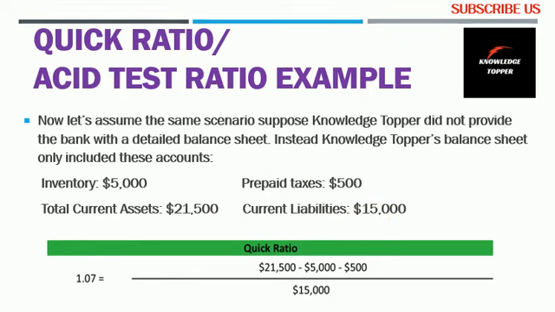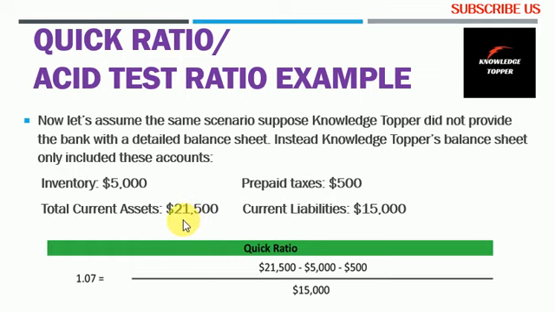Since Knowledge Topper's balance sheet doesn't include the breakdown of quick assets, the bank can compute the quick ratio like this. They just take the value of total current assets, here 21,500, and as I already told you, inventory and prepaid assets like prepaid taxes are not part of the quick ratio, so we will subtract these amounts from total current assets.